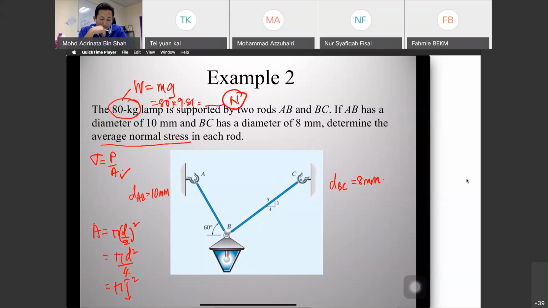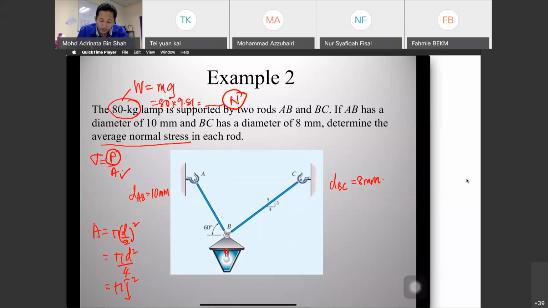And then you need to know your P. So you need to calculate your equilibrium of forces for A, AB, and BC.